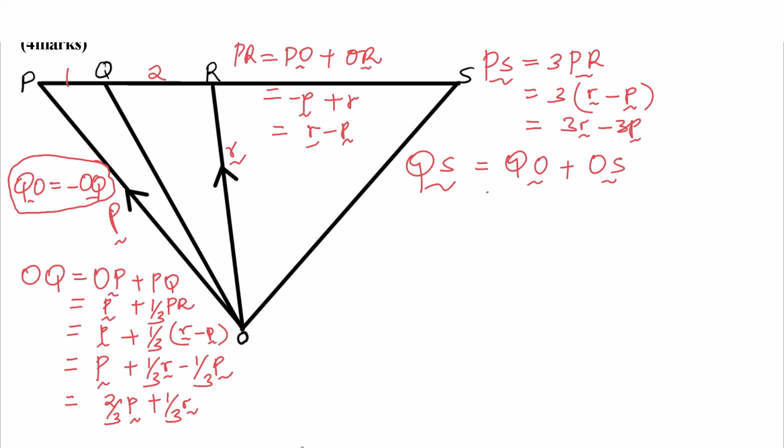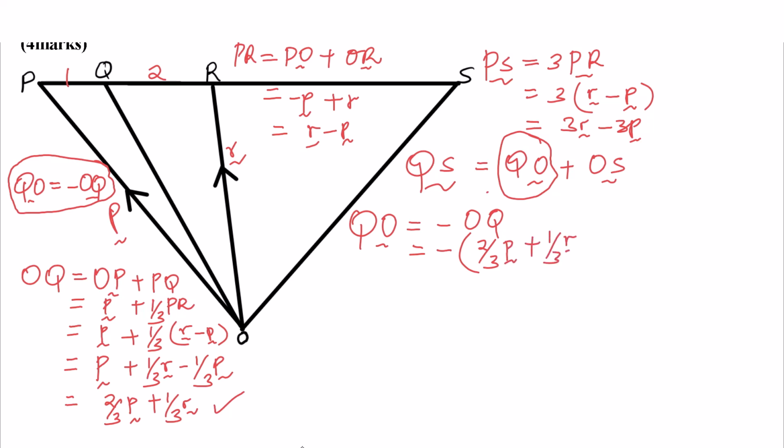So let me get QO, and you've got QO as negative OQ. OQ is 2/3 p plus 1/3 r.